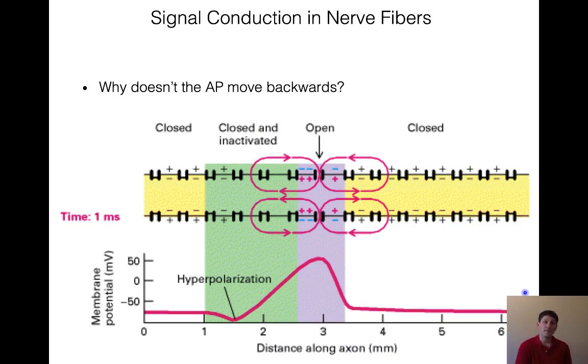So why isn't that action potential then moving backwards? Well, if you look at this diagram, here's showing our action potential, and so right here, what we have are our open sodium channels.